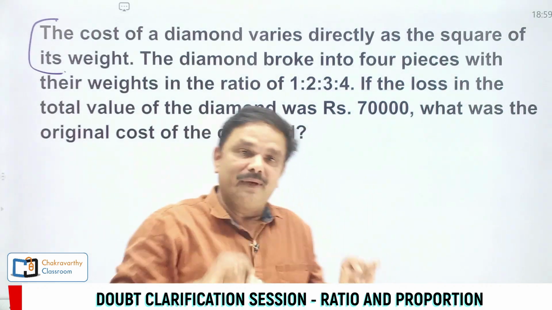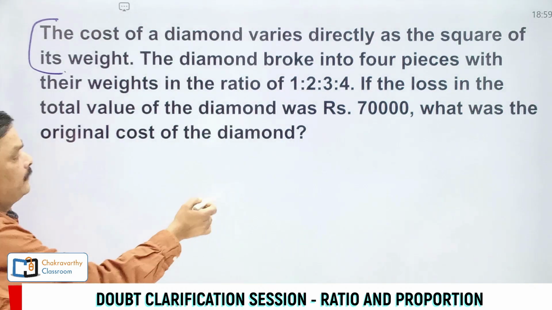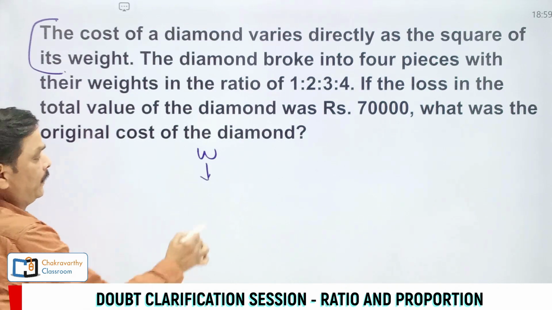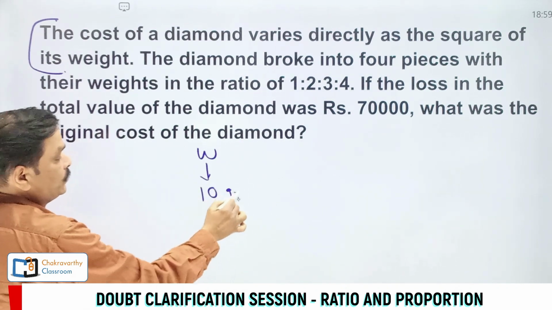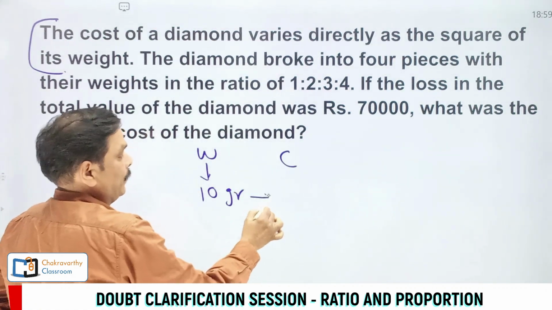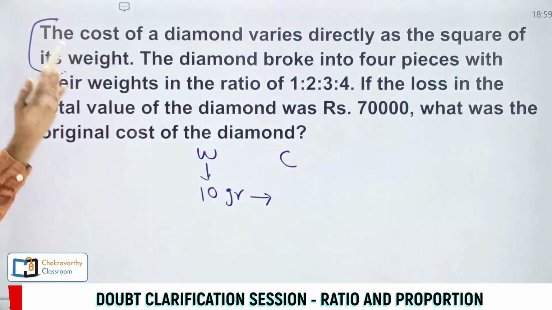Got the point? Otherwise, let's analyze with a small example. Suppose we take the weight of the diamond as a small figure. You take the weight as 10 grams. Then obviously the cost varies as the square of its weight.